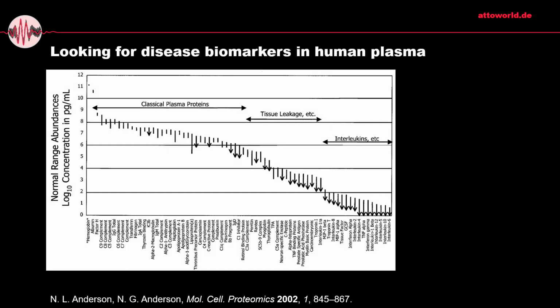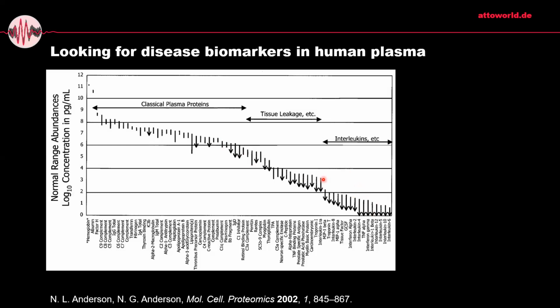It ranges from albumin that represents almost half of all the proteins in blood, all the way down to the molecules present in tiny abundances. And ever since this plot has been published in 2002, or maybe even earlier than that, people have been interested in going lower and lower in abundances in order to find biomarkers. So biomarker, a molecule which changes a lot when a certain disease happens in the body.